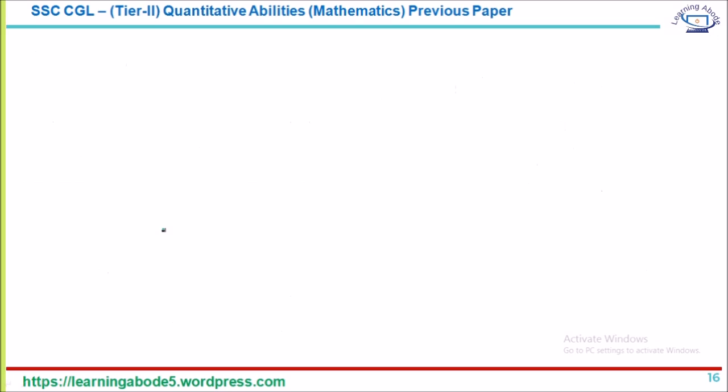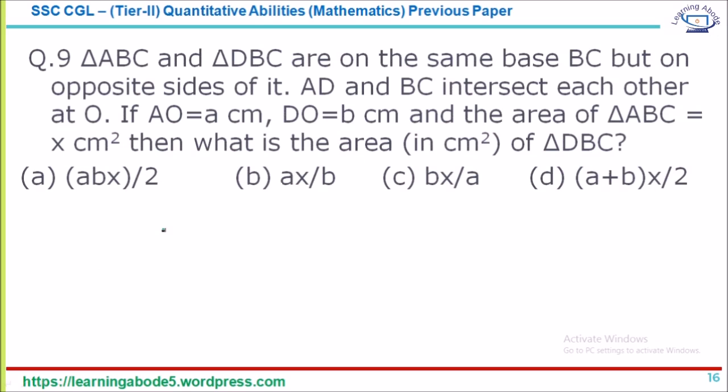Now let's move to the next question. Triangle ABC and triangle DBC are on the same base BC, but on opposite sides of it. If AD and BC intersect each other at O, if AO equals A centimeter and DO equals B centimeter, and the area of triangle ABC equals X centimeter square, then what is the area of triangle DBC?